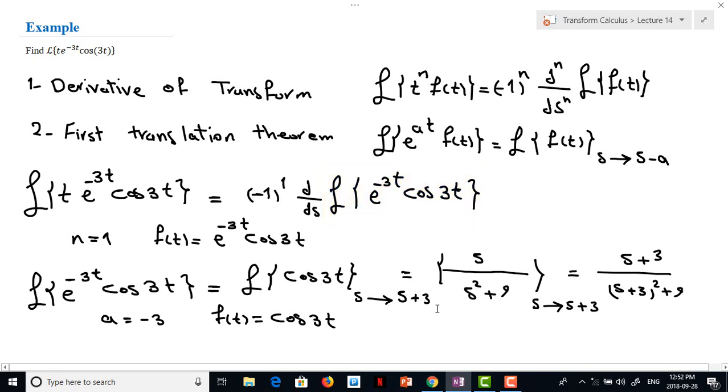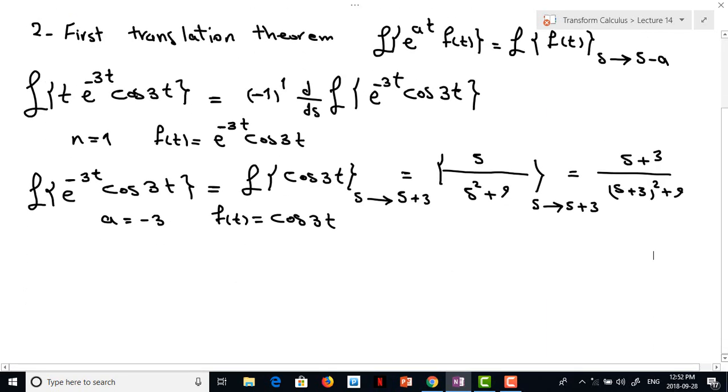Now let's go back to our problem. We want to find the Laplace transform of t times e to the power of minus 3t cosine 3t.